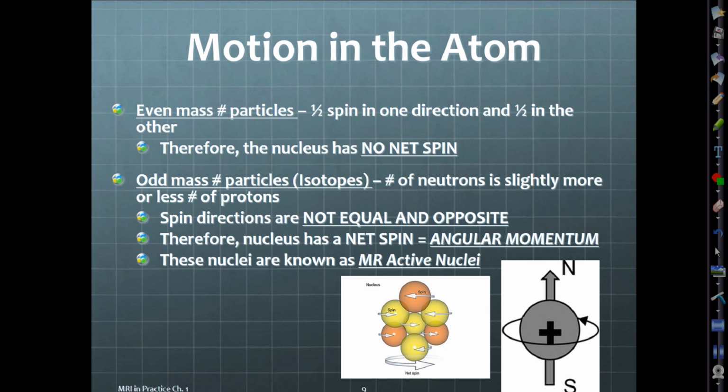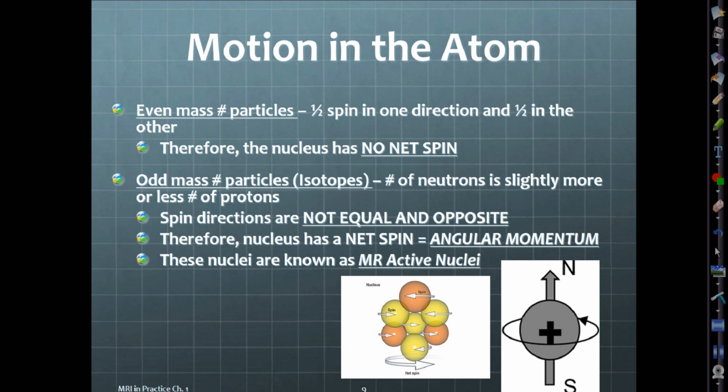However, if you have an odd mass number, remember these isotopes, same number of protons but a different number of neutrons. The neutrons are slightly more or less than the number of protons. Then the spin directions do not equal, and they don't cancel each other out.